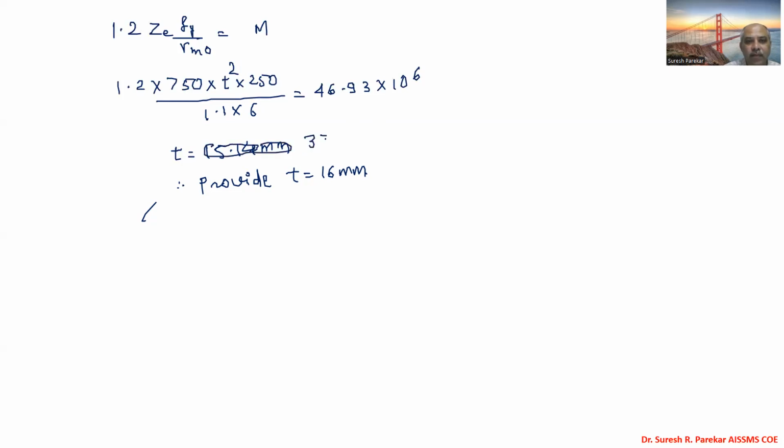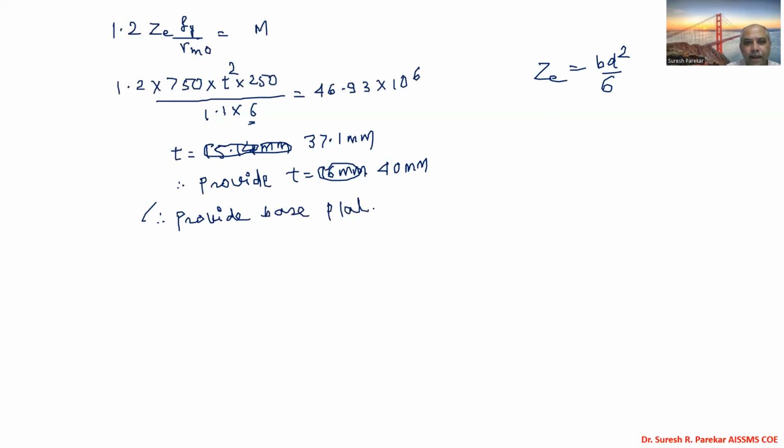So 37.1, and therefore provide T equal to 40 millimeters. Ze is BD square by 6, and that 6 was remaining actually, and therefore we were getting a lower value, and therefore provide base plate 750 mm by 750 mm by 40 mm.